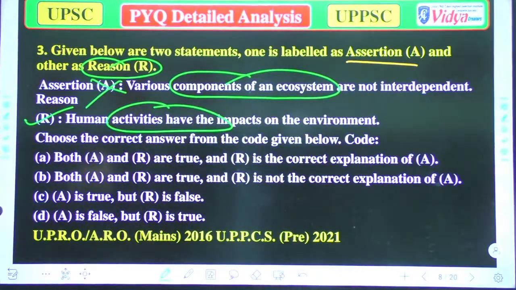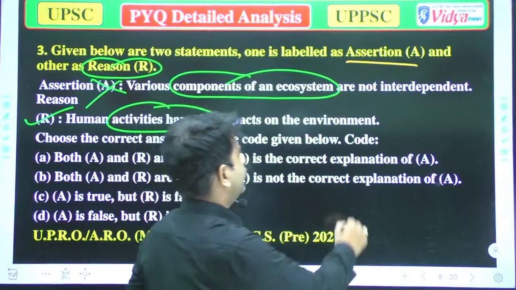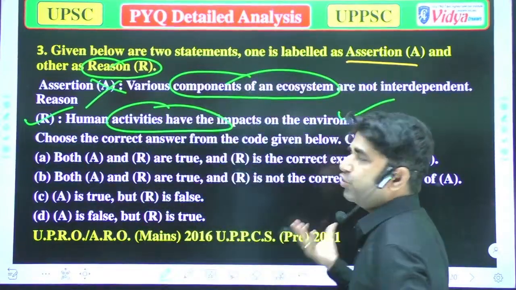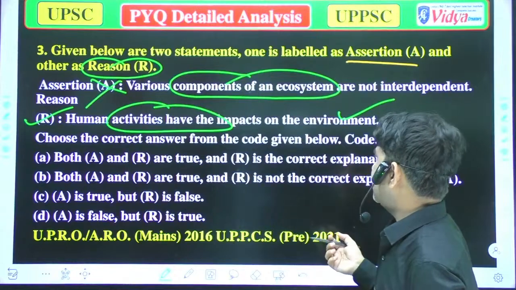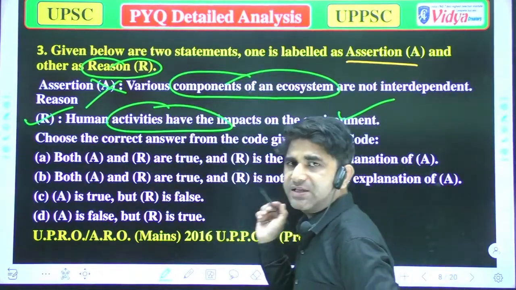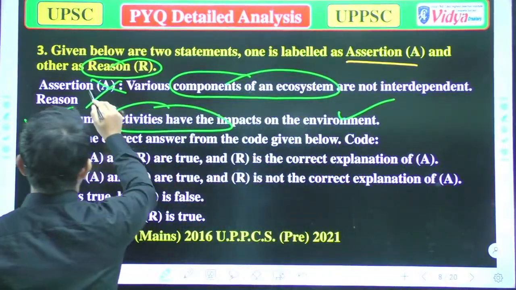Now the reason: human activities have impacts on the environment. Yes, it's totally true, because human activities have a huge impact on the environment. So reason R is correct and the assertion is wrong.